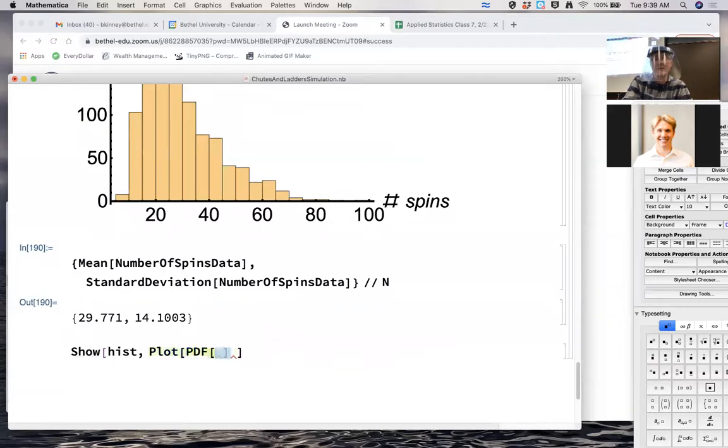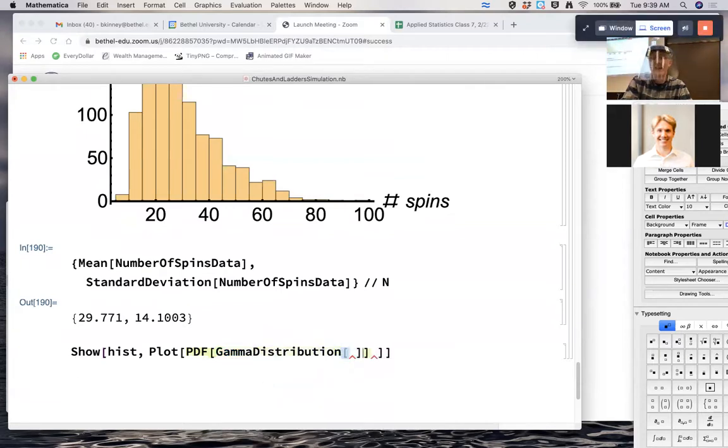A PDF of whatever your distribution is. I'm going to use a gamma distribution, not grandma, but gamma distribution with parameters alpha and beta. What should I pick for alpha and beta? That's the hard part. I don't know, just try something to start with. How about alpha is 5 and beta is 2. Try 5 and 4 maybe.